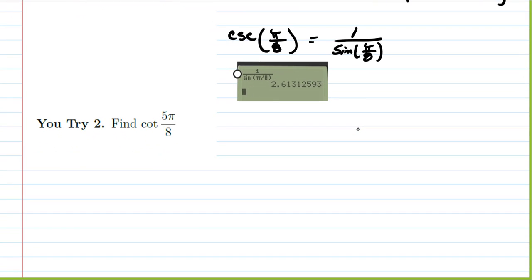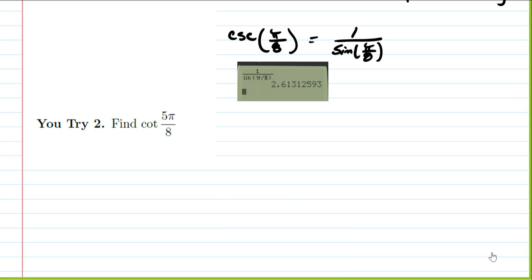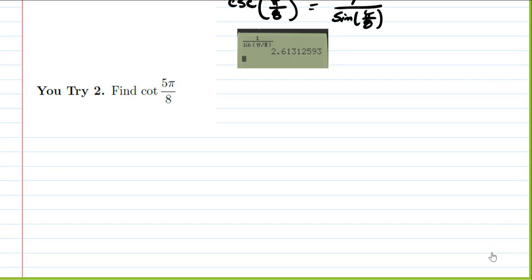All right. Last one's for you guys. Find the cotangent of 5 pi over 8. All right, so let's go ahead and finish this. The reciprocal identity for cotangent is 1 over tangent.